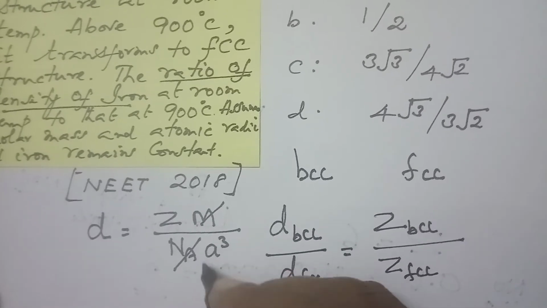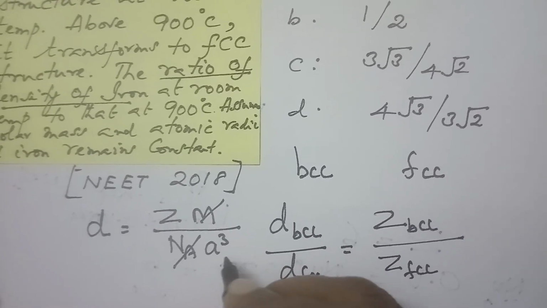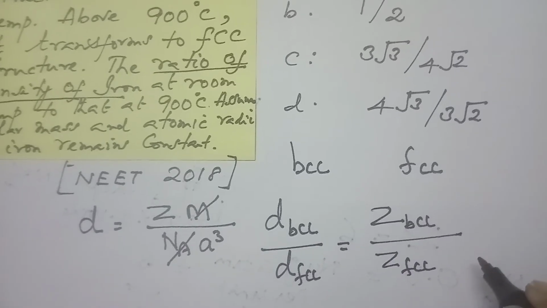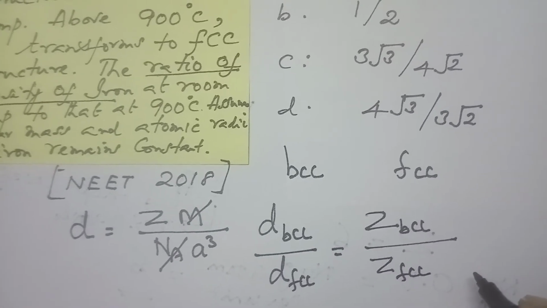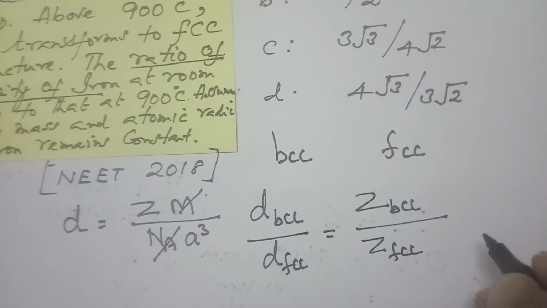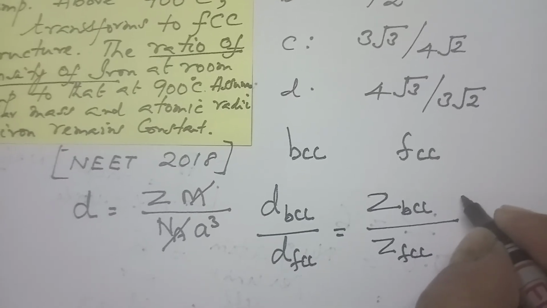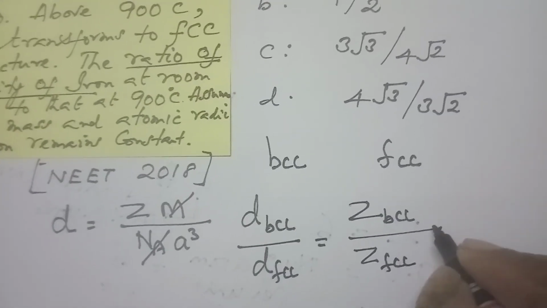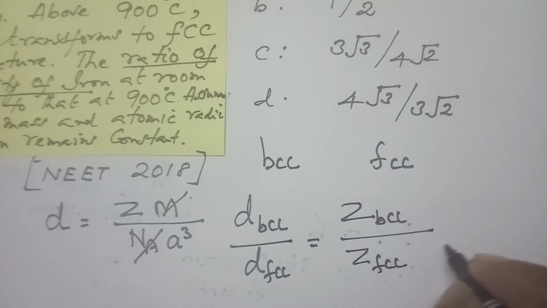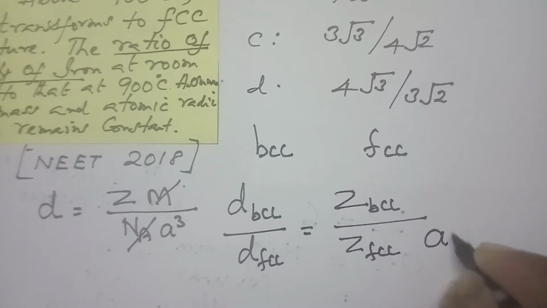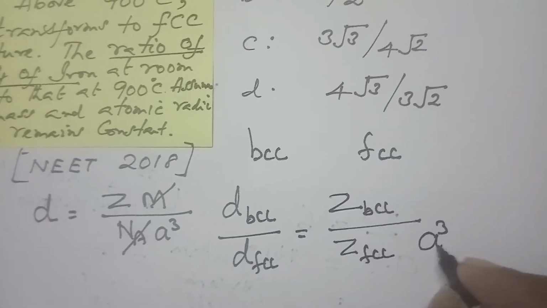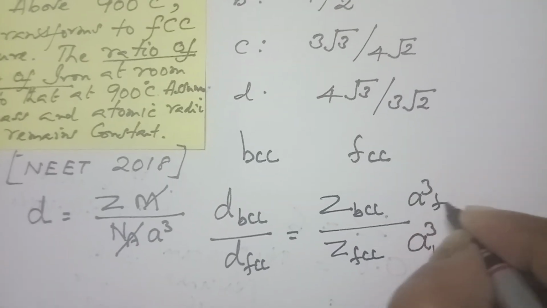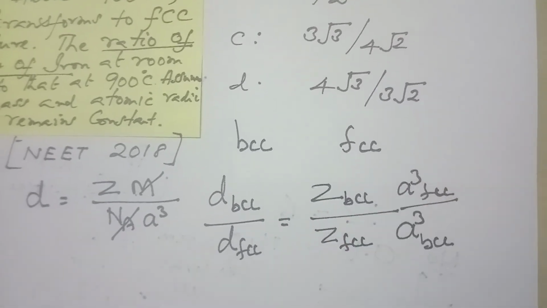Next, in the denominator, for the volume, a cube should be written. So the volume of BCC here, and here the volume of FCC. Both are available as denominators.